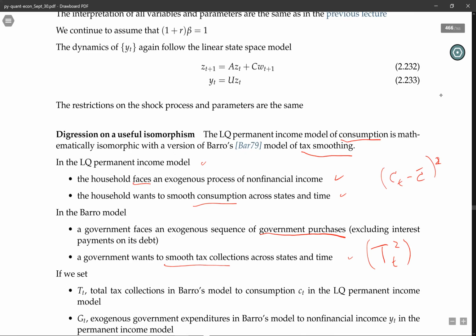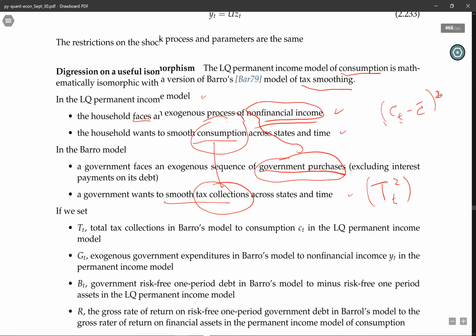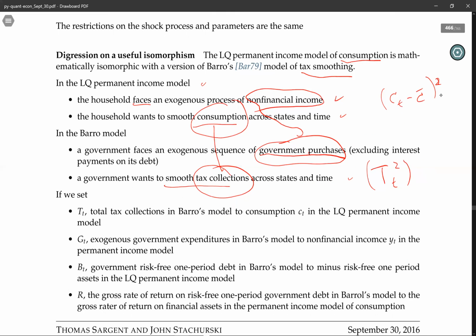So what's Barro going to do? He's going to set government purchases in his model equal to non-financial income in Friedman's model, maybe changing signs. And he's going to equate total tax collections in his model to consumption. That's exactly what he did. If you do that, you get the pictures that we had before: government expenditures are very unsmooth in response to wars, and tax collections are much smoother.